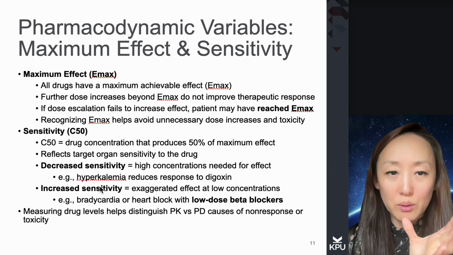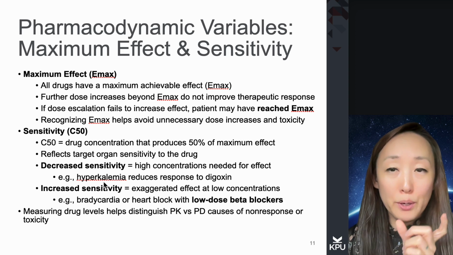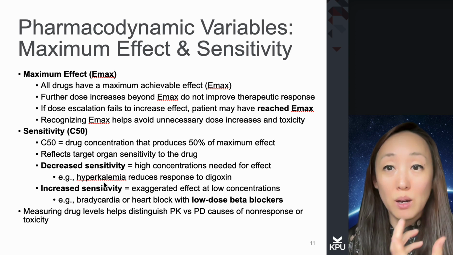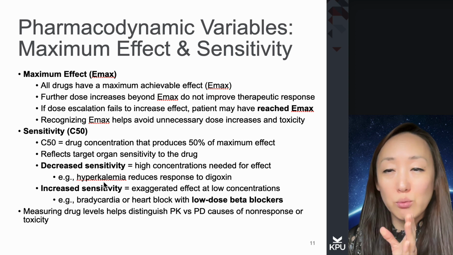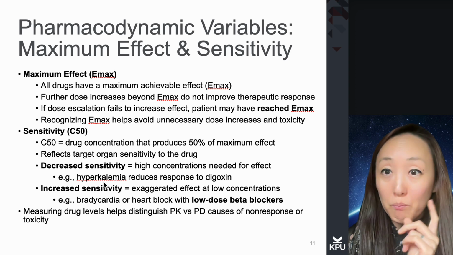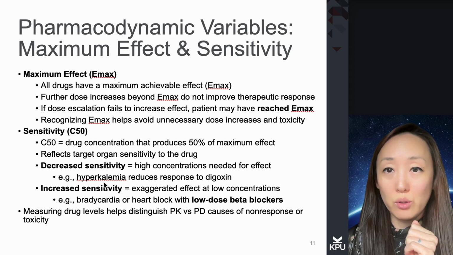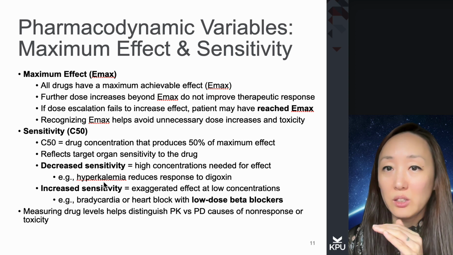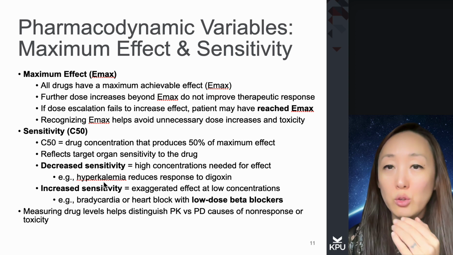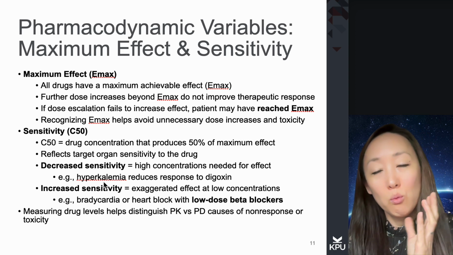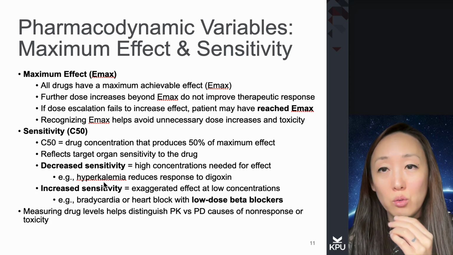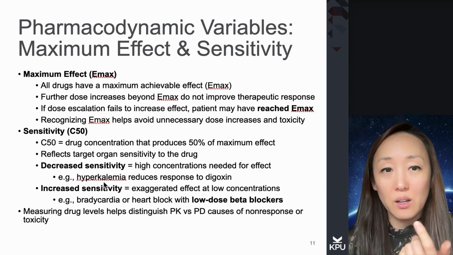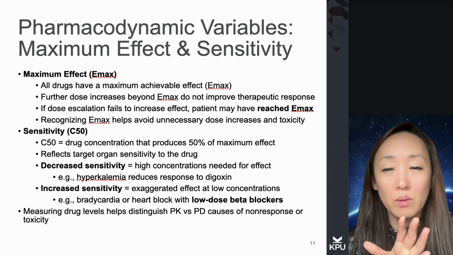So an example of that is in hyperkalemia, where you have too much potassium, the heart is less responsive to digoxin, and because it's less responsive to the drug, because of the underlying condition hyperkalemia, you're going to need to provide higher levels of the drug to achieve the same effect of the EC50.